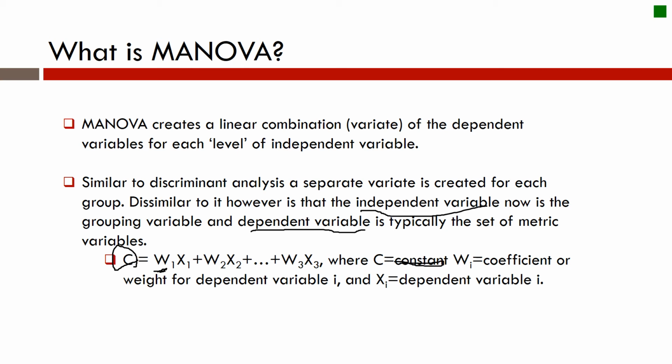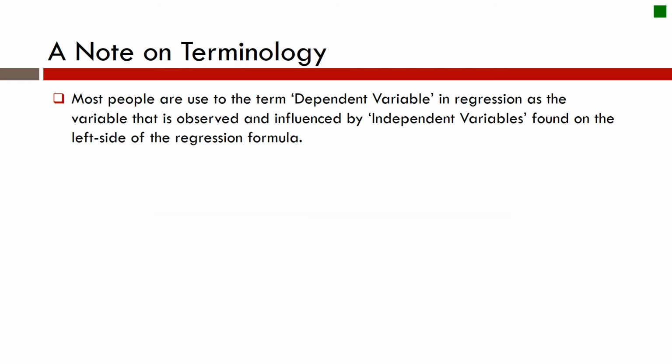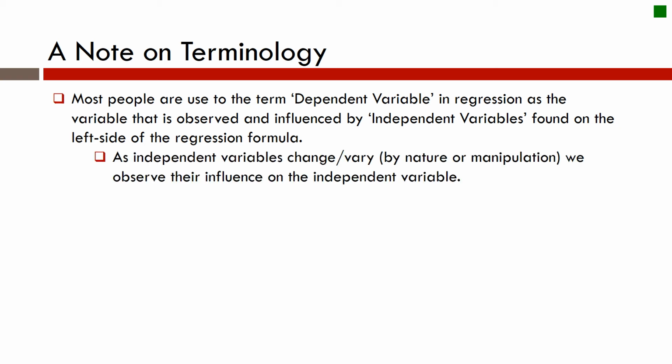Okay, so just continuing on, again, I'll emphasize this idea that most people are used to the term dependent variable in a regression as the variable that's observed and influenced by independent variables. Oftentimes when we do a typical regression, we see the dependent variable on the left side of the formula and the independent variables on the right side of the formula.